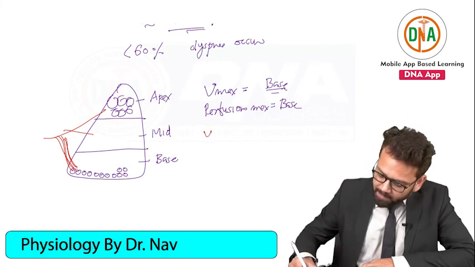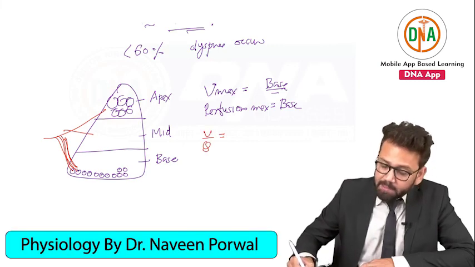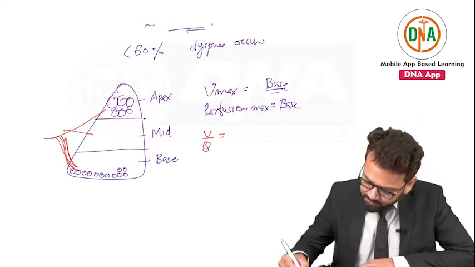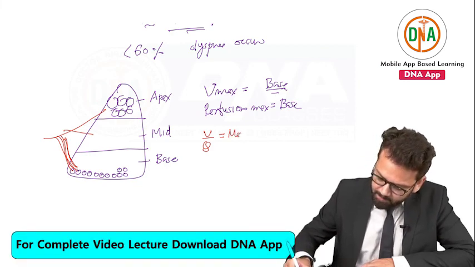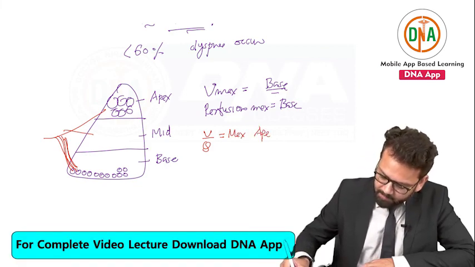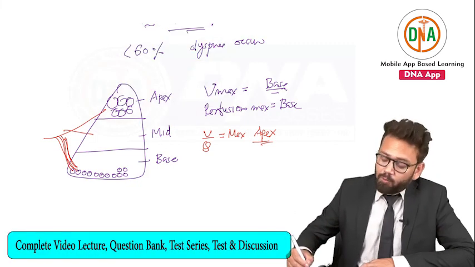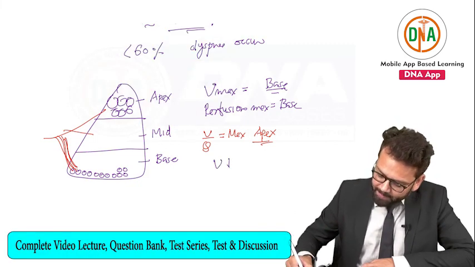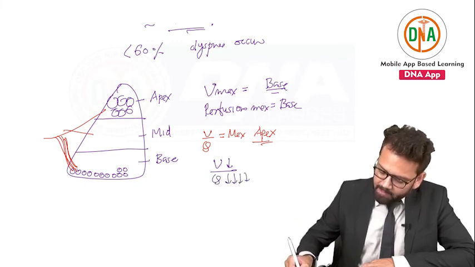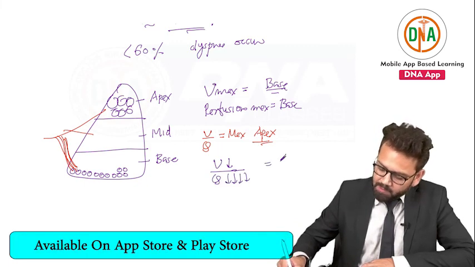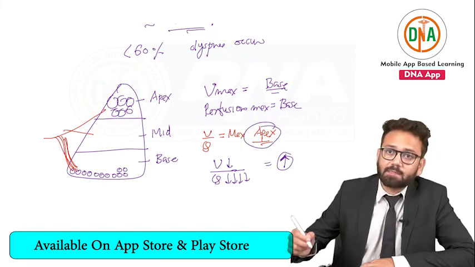But what about the V by Q ratio? Is it maximum at the base or apex? It is maximum at the apex. Can you tell me the reason? Ventilation is less at the apex, but perfusion is very much less at the apex. So the ratio is more at the apex.